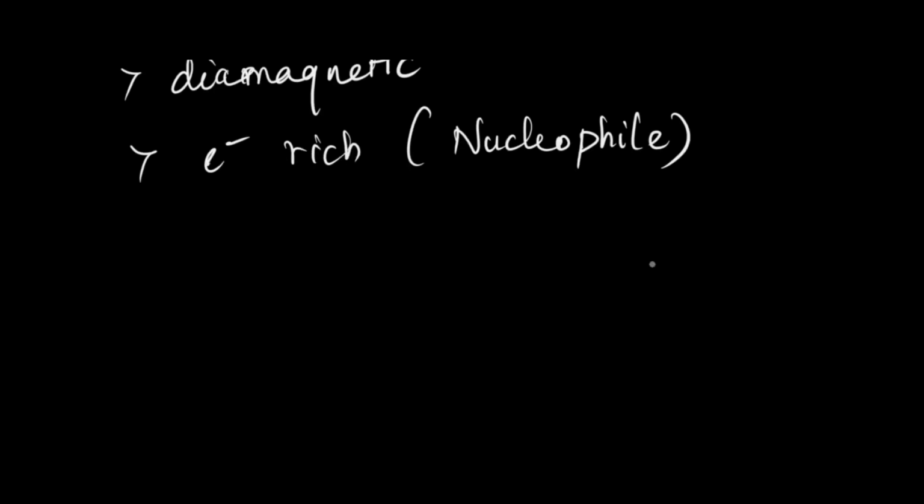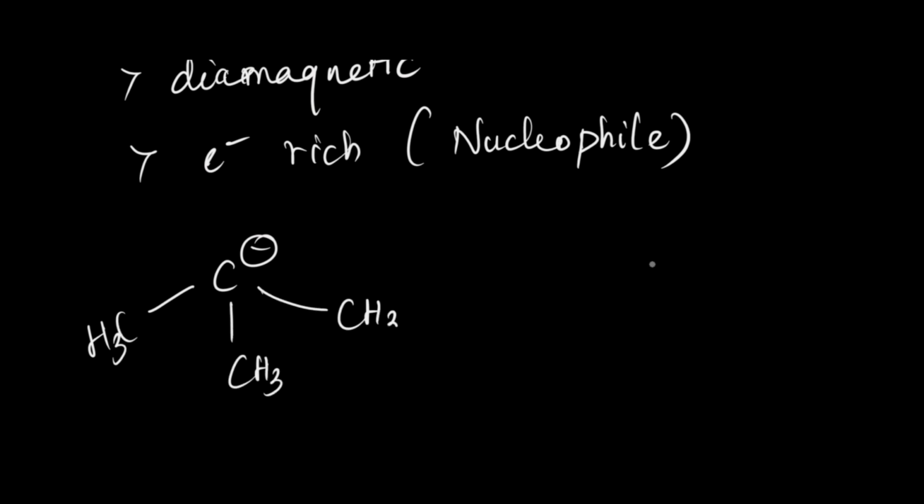Any other examples for carbanions? Yes, we have. It can be any species which is bearing a minus charge. Here you can see carbon is having a minus charge, that is a tertiary carbon.